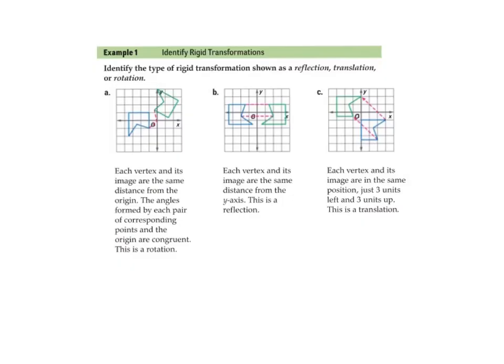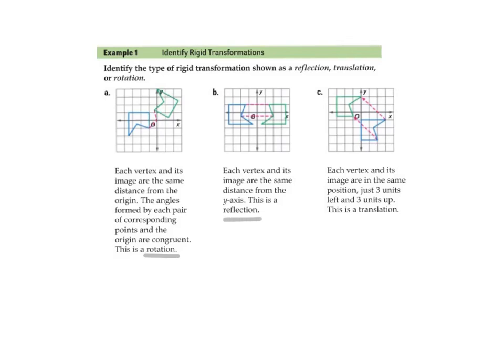So how do you identify the different transformations? Well, you've got to work out whether it's going to be a rotation, a reflection, or a translation. So look for things, but for instance in A, the only way you can get from the pre-image to its image is by rotating it, so that's definitely a rotation. B looks like a translation until you realise that it's been reflected in itself, so that's definitely a reflection.